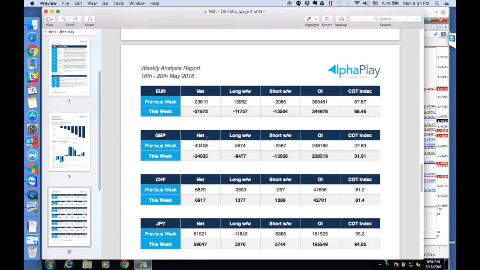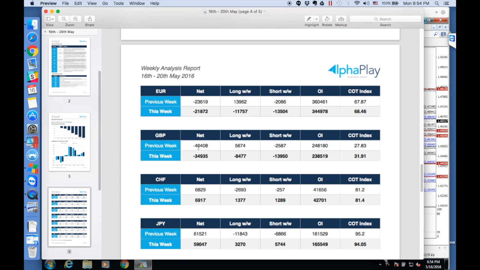That's why you see here, even when long positions are exiting, the net position increases because more people are getting out from the short position. So if you don't look at long and short but just look at net, it's not very conclusive, because over here you are just seeing that it's getting more and more positive.